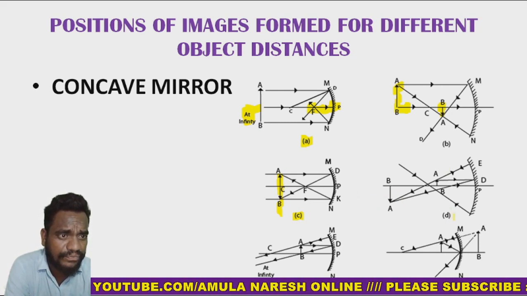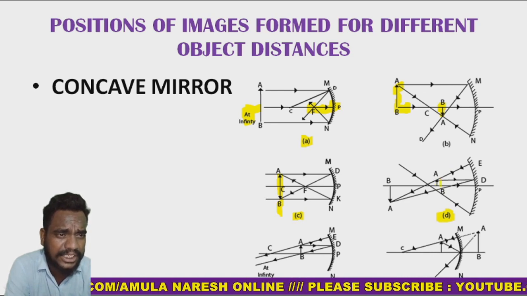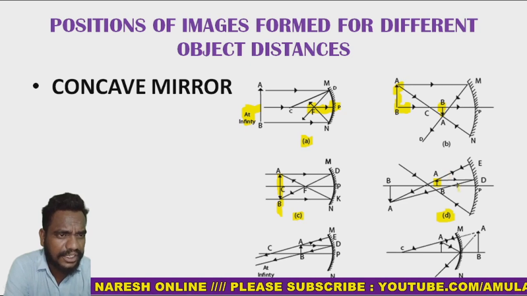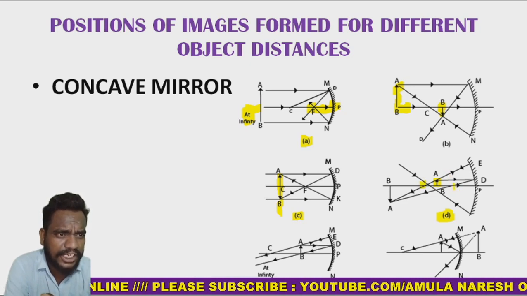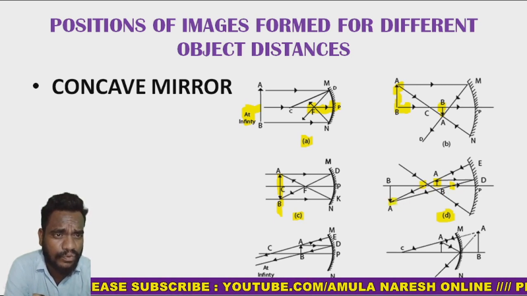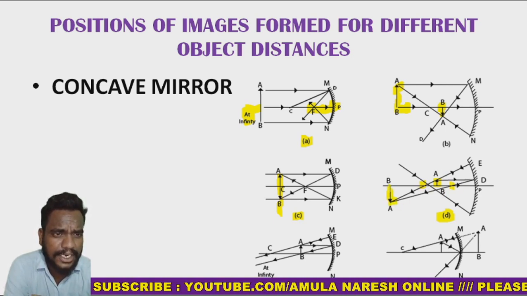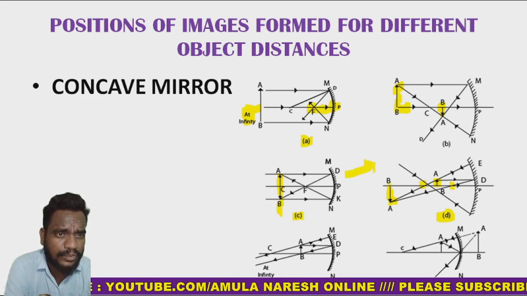The case number 4, that is D. In this case, the object is placed between the focal point and the center of curvature. This is the focus and this is the center of curvature. So when the object is placed between the focus and the center of curvature, the image is formed beyond the center of curvature. These two are completely reversed, vice versa.